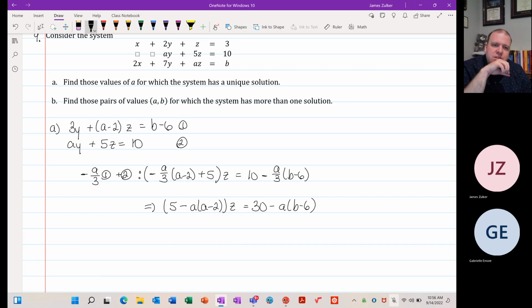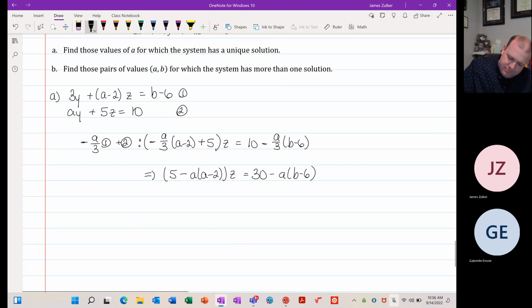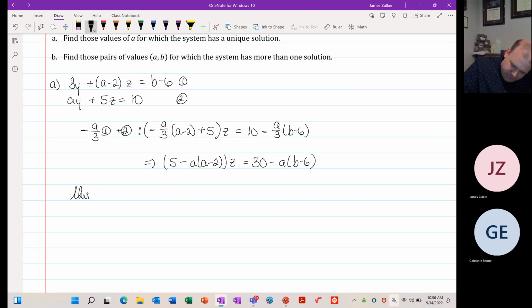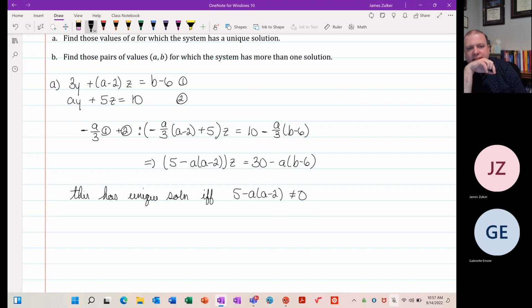This will have a unique solution if and only if the coefficient of the z is not 0.